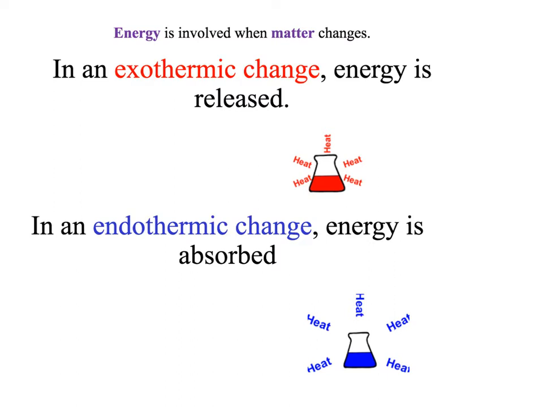An endothermic change is a change in which energy is absorbed into the system. Now that first syllable of this word, endothermic, it's a 4-syllable word. That first syllable is "in," and even though it's spelled differently, it sounds like the word in. So we want to remember that an endothermic change is one in which the energy is going into the system.